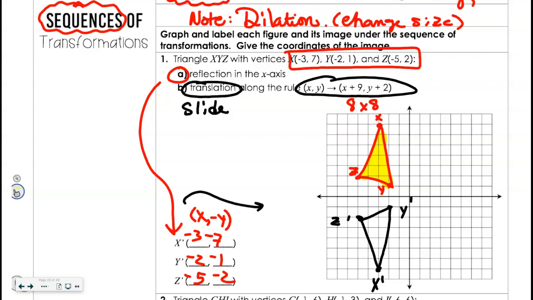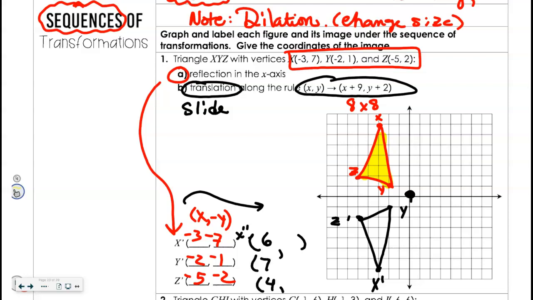But it's easier for some kids, instead of counting 1, 2, 3, 4, 5, to just redo your dots down here. So here's my double prime. You could label it if you want, but I would just take all these x coordinates and mathematically move them to the right, because going like this on my grid is error-prone, like counting 1, 2, 3, 4, 5, 6. So just add 9 to all these x's.